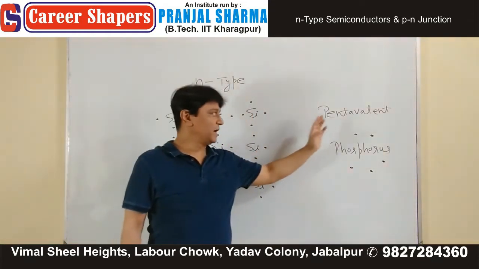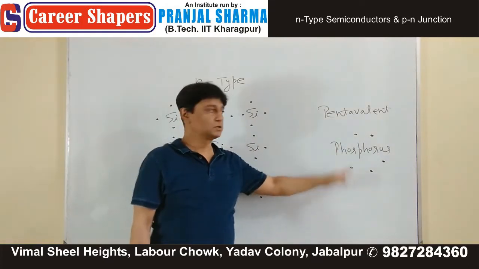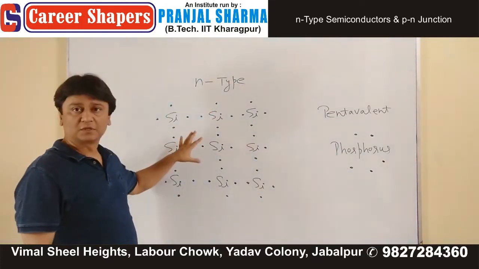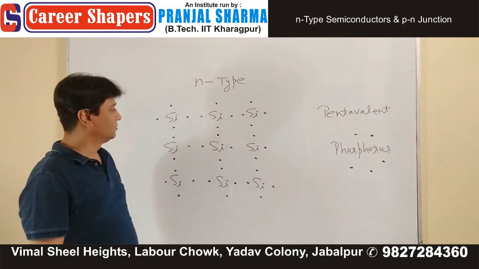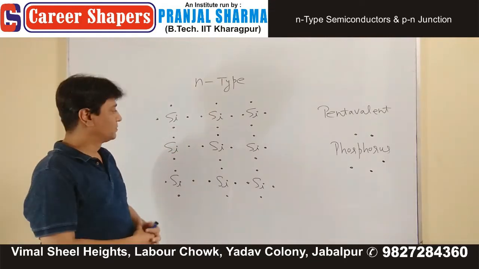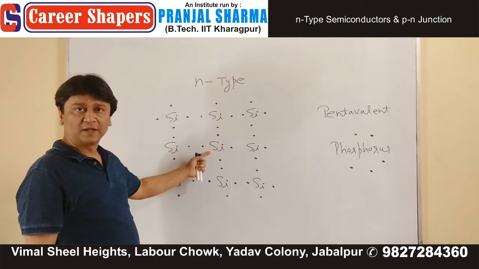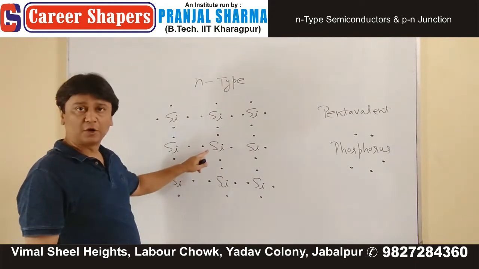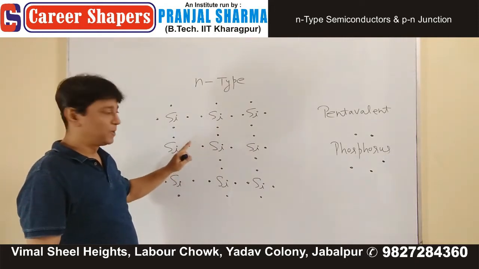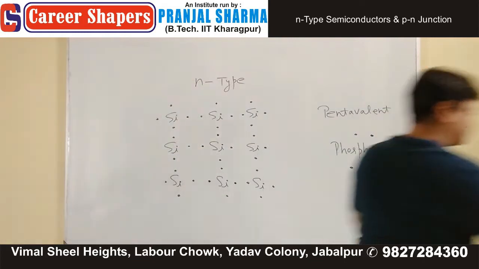If we add a pentavalent impurity phosphorus in this pure silicon crystal, then what it does, it will replace, let's say, this silicon atom, and once it replaces, it looks like this.